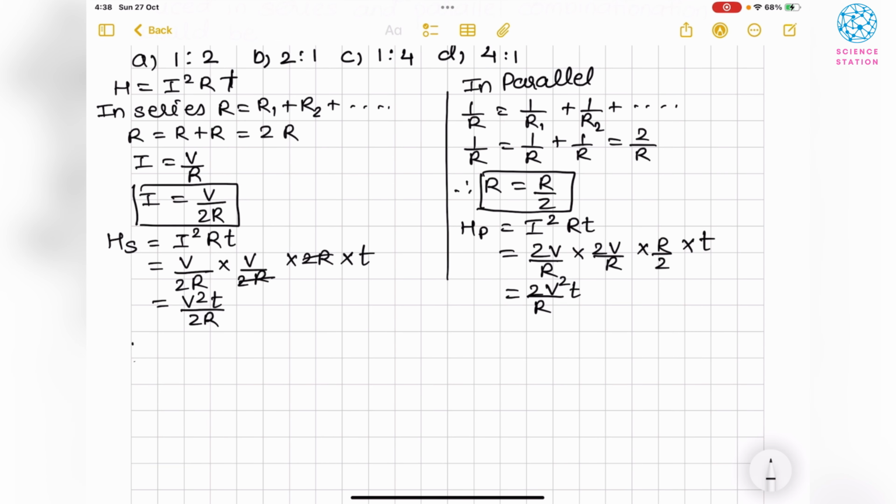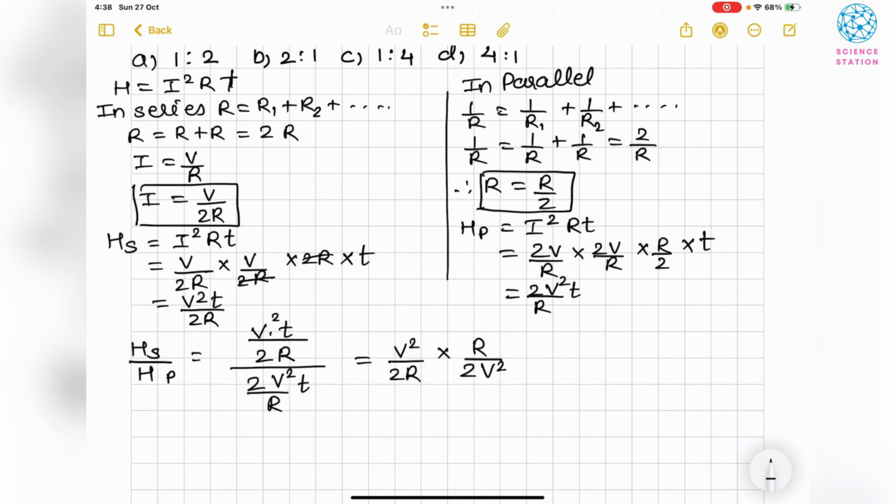So HS upon HP will be equal to V square T upon 2R whole upon 2V square upon R into T. So that will be V square upon 2R into R upon 2V square.